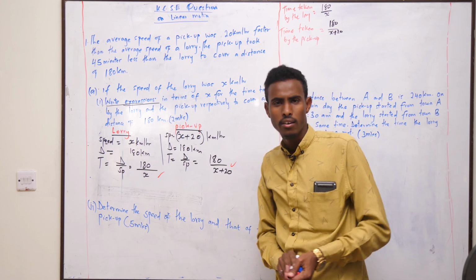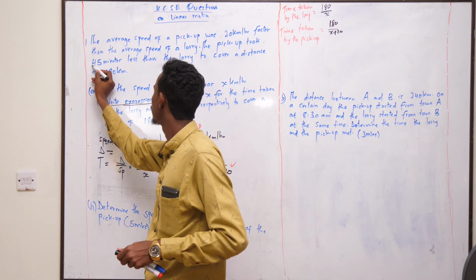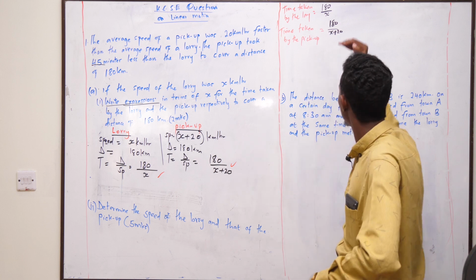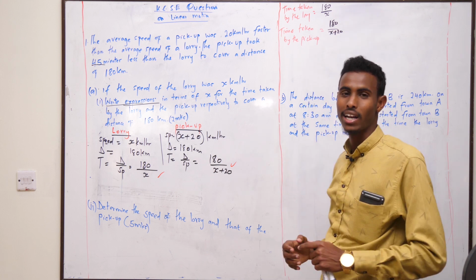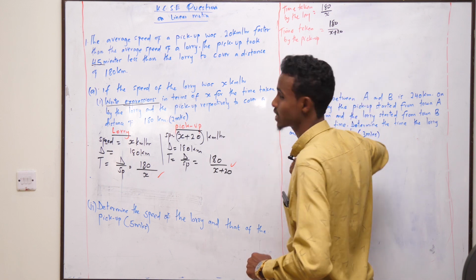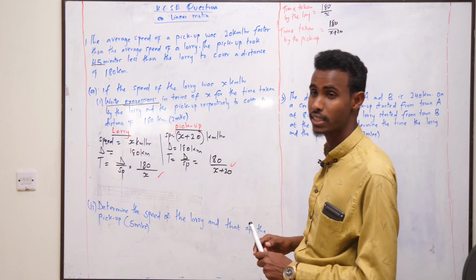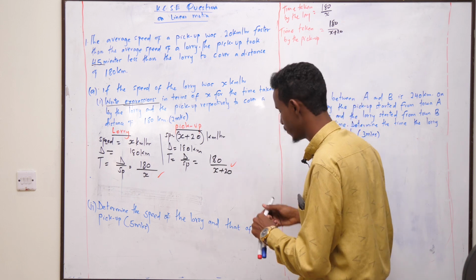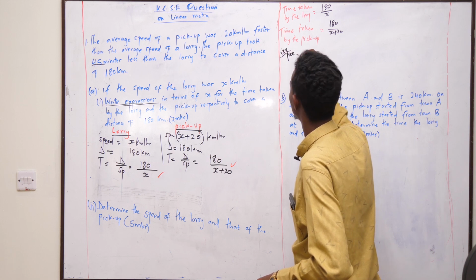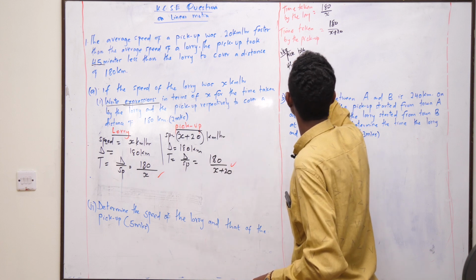Another thing I want you to understand very clearly is that the pickup took 45 minutes less than the lorry. Between the lorry and the pickup, which one took the shortest time? This one took the shortest time, and therefore the difference in time is 45 minutes. A very important point to note: the pickup took 45 minutes less.